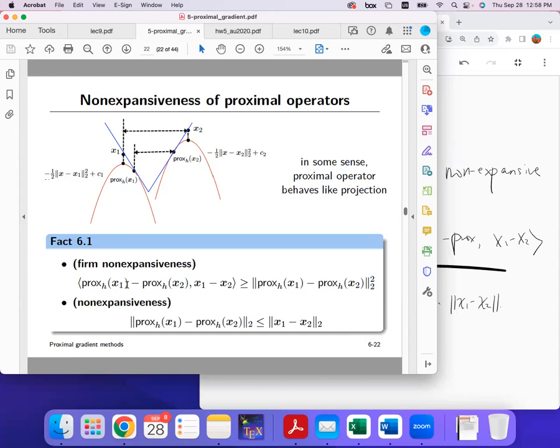And once we have firm non-expansive, we always have the non-expansive property. Yeah. So as long as h is a proper convex function, the corresponding proximal mapping is always firmly non-expansive. We call this a firmly non-expansive operator. You can view this as a proximal operator that maps x1 to another point.